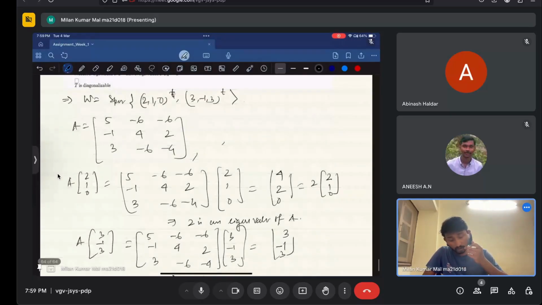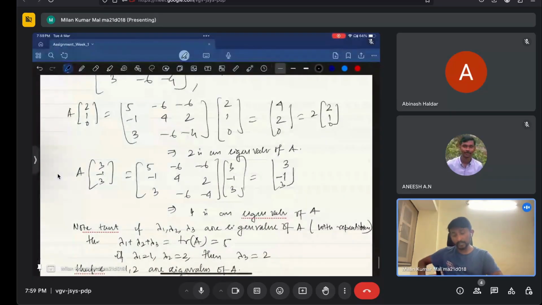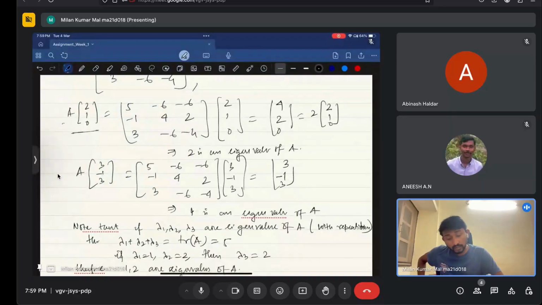Okay, so from the above what we are seeing here is that T, the matrix A, on (2, 1, 0) is again (2, 1, 0), and T on (3, 1, minus 3) is again (3, 1, minus 3).